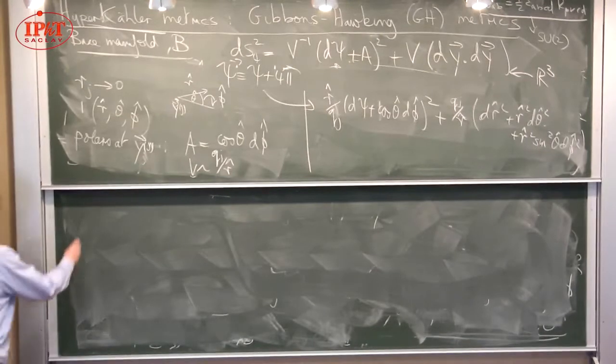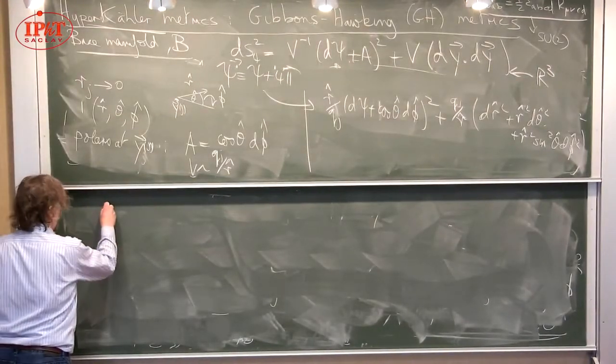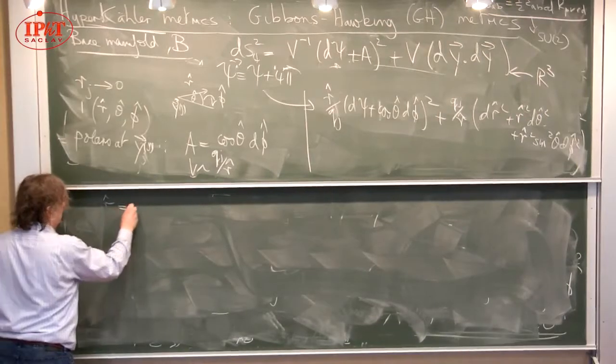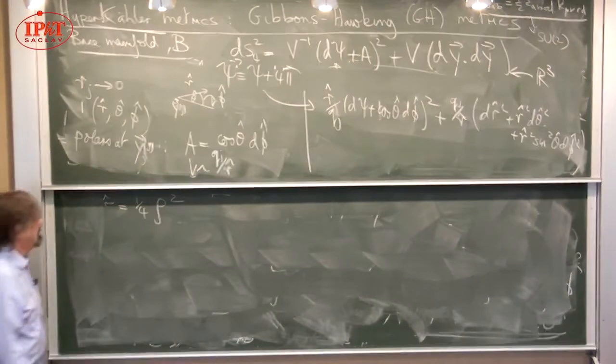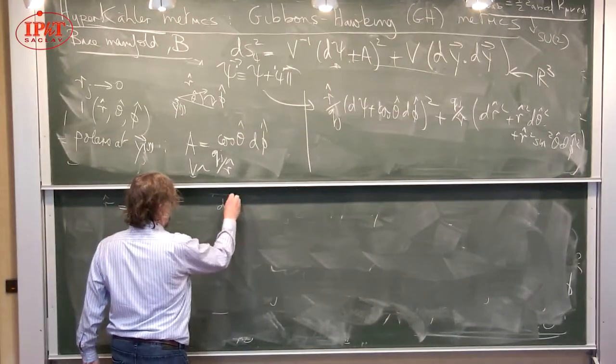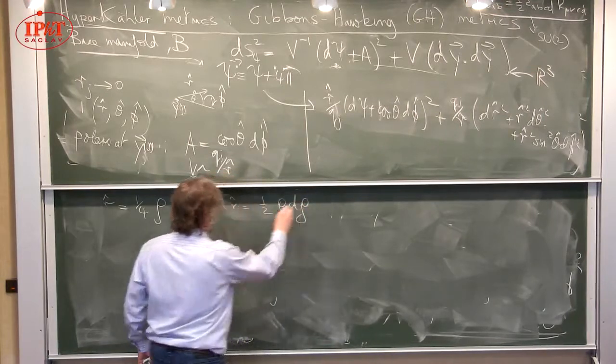So let's take this limit in the metric. I'm going to make a change of variable. R hat is equal to 1/4 rho squared. And the whole point is dr hat is equal to 1/2 rho d rho.